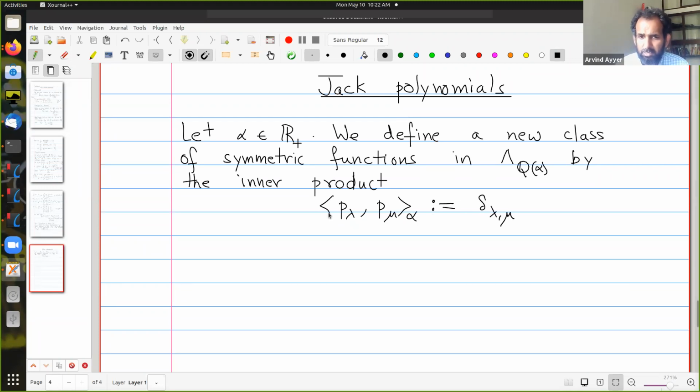So again, we set the power sums to be orthogonal, except that we take the norm to be alpha to the L lambda times the same factor we had before. Length of lambda is the number of non-zero parts.